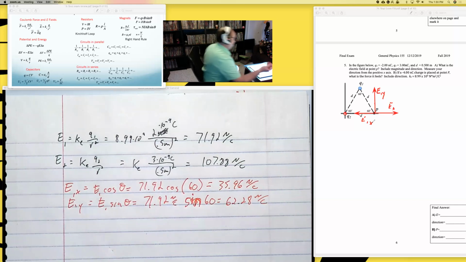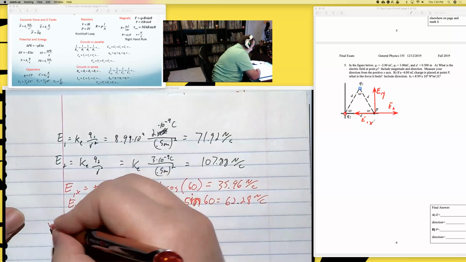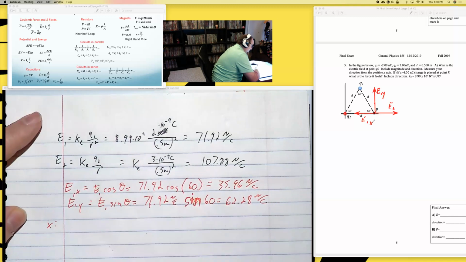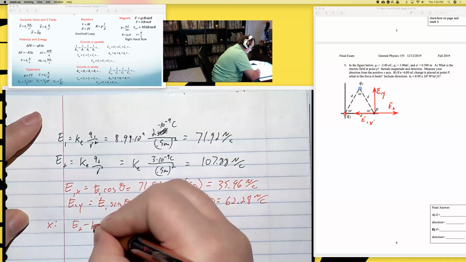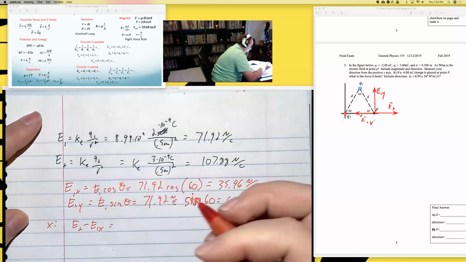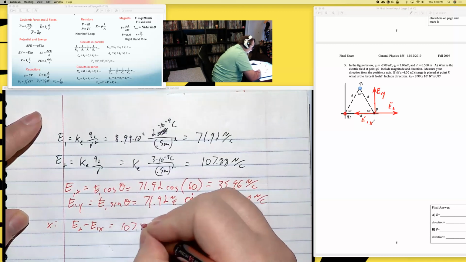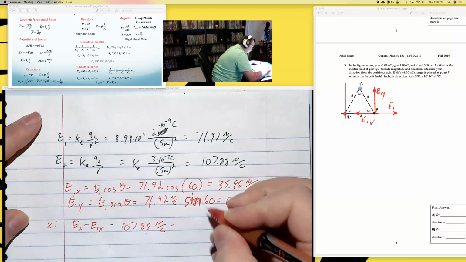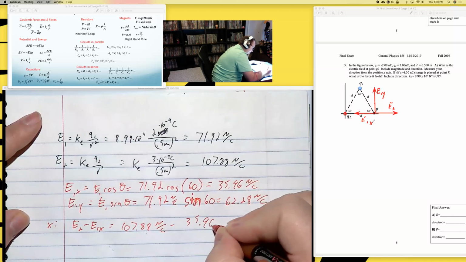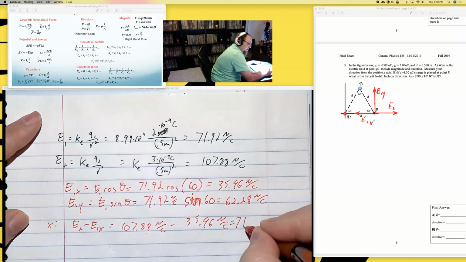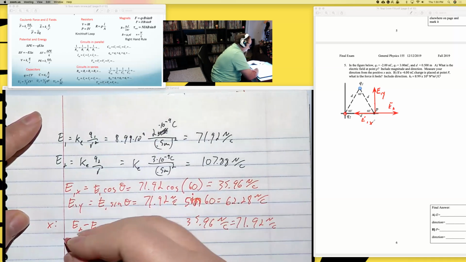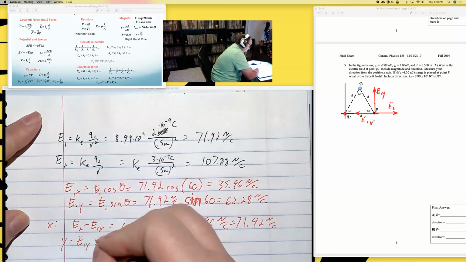Then I'll say, okay, this total E in X, my E is going to be E2 minus E1x, right, minus left. 107.88 newtons per coulomb minus 35.96 newtons per coulomb, just because they're pointing in opposite directions. 71.92. In y, all I got is E1y.